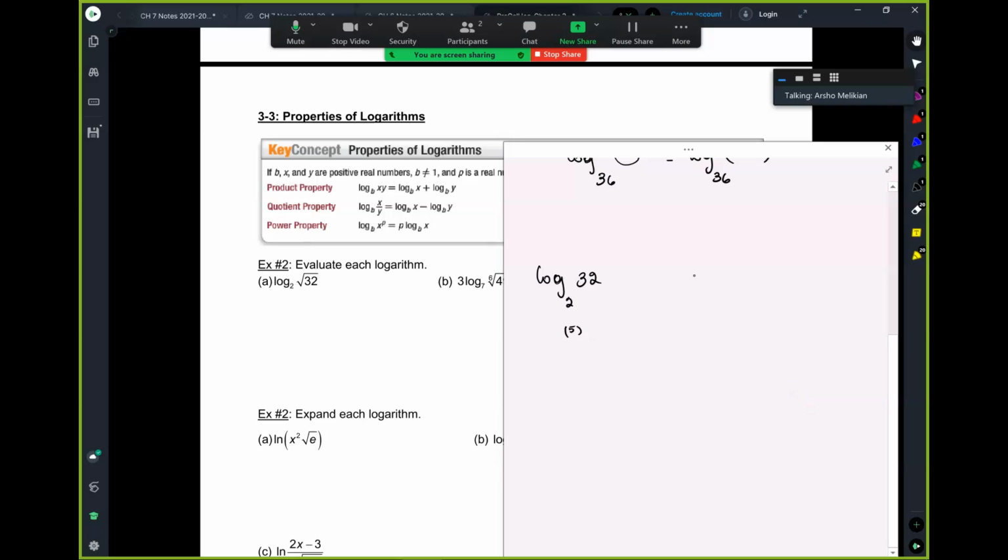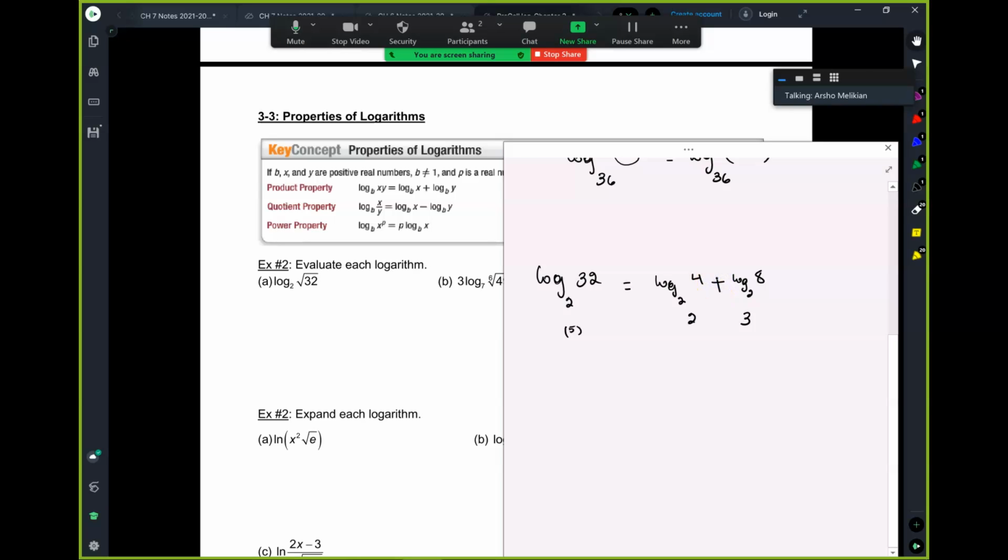So suppose I split it up into 4 and 8. Now, what's the exponent of 2 that would give you a 4? 2. What's the exponent of 2 that would give you an 8? 3. What would you do to those exponents to get the original 5? Add them, right?